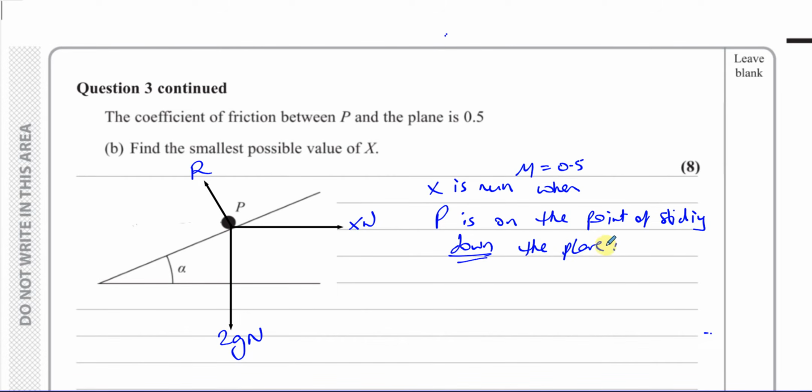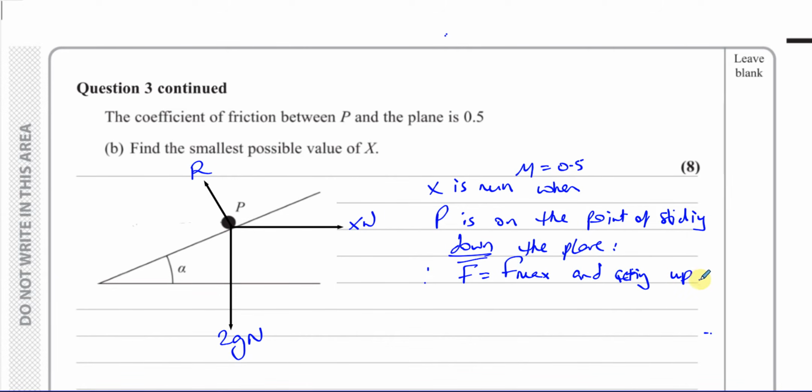Okay, so therefore the friction is equal to F max. It's equal to its maximum value because it's on the point of sliding. It's just about to slide, so it's reached its limiting value, and it is acting in the opposite direction to where this is about to start to slide, which is acting up the plane.